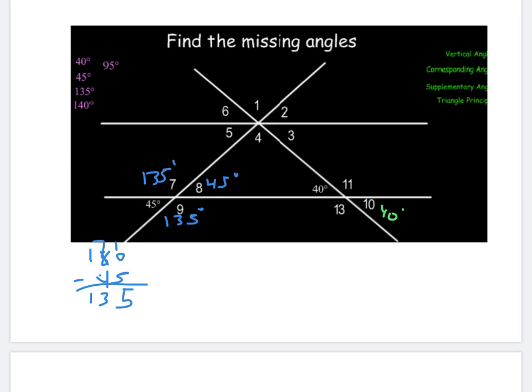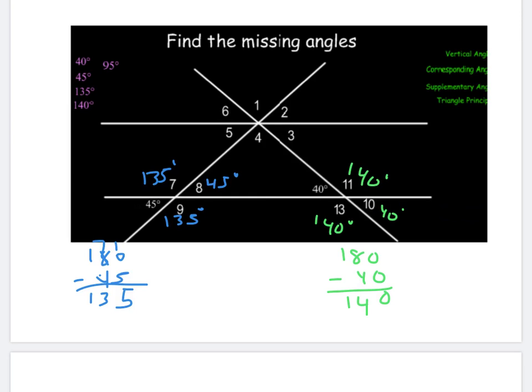So again, that's 180 degrees, so I have 180 minus the 40 that we are using. I subtract, I get 0, 8 minus 4 is 4, and then I have the 1. So I know 11 is 140 degrees, which then makes angle 13 140 degrees as well, because angle 11 and angle 13 are vertical to each other.